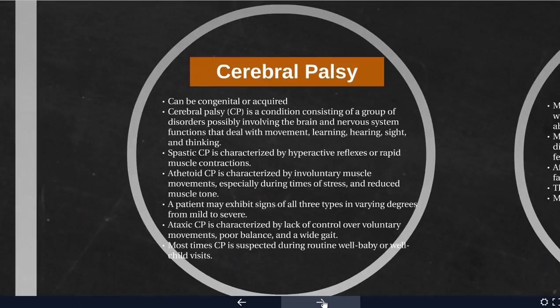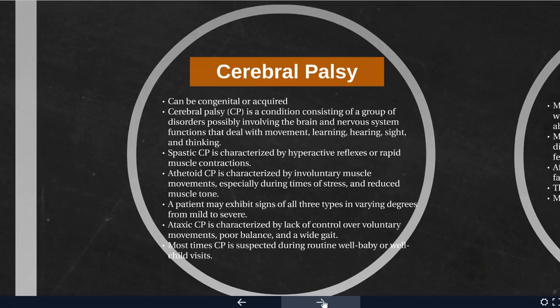Cerebral palsy can be congenital or acquired. Cerebral palsy is a condition consisting of a group of disorders possibly involving the brain and nervous system functions that deal with movement, learning, hearing, sight, and thinking. Spastic cerebral palsy is characterized by hyperactive reflexes or rapid muscle contractions. And a lot of times these kids will look like they have jerks, uncontrollable jerks or tics.